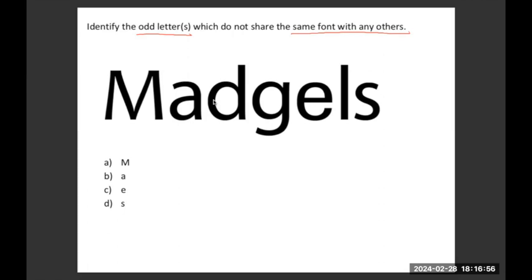In case of fonts, what is critical to look at are these parts. The edges, the way the knots and the curves happen, when straight lines and curves meet, the way the thickness varies or does not vary in some cases.